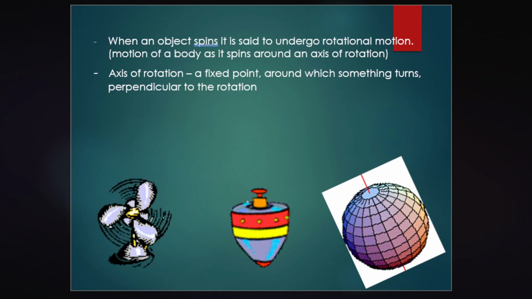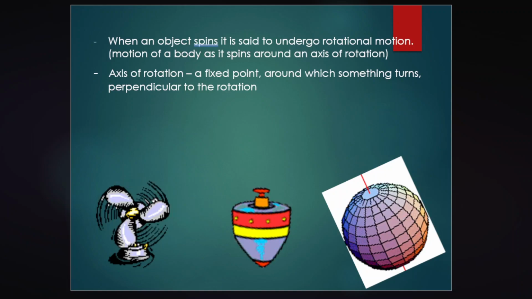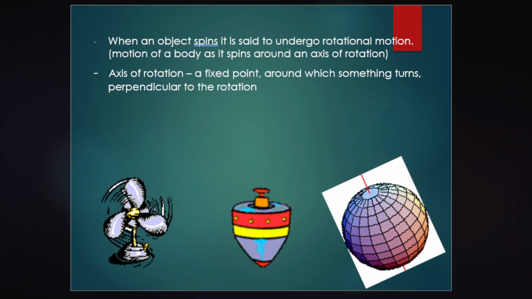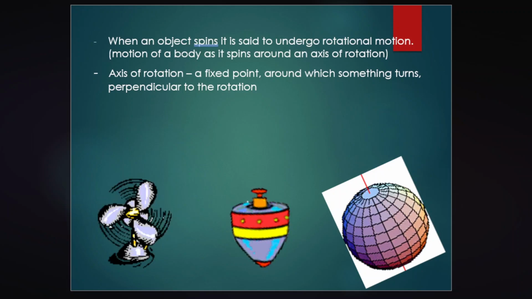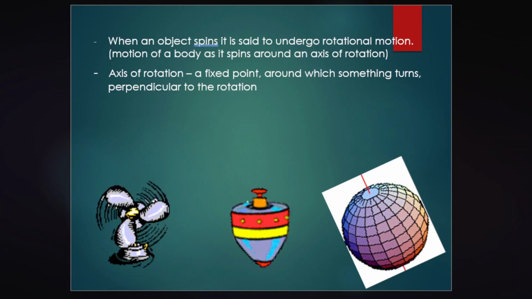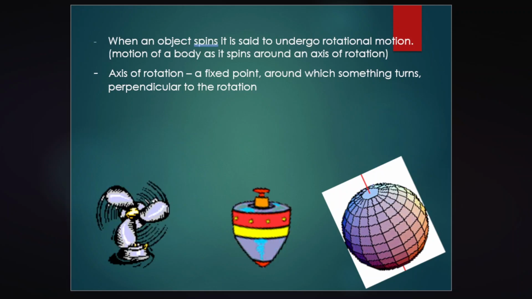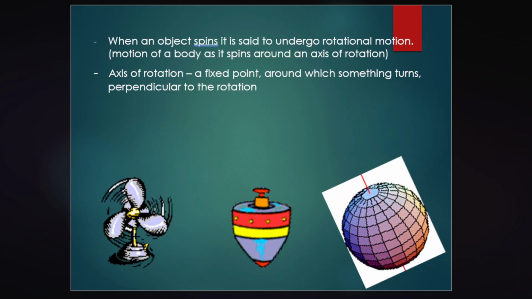So when an object spins, it's said to undergo rotational motion. A couple different versions of that there in the animations. One of the important parts of it is that you have an axis of rotation, a fixed point around which something turns, perpendicular to the rotation itself.